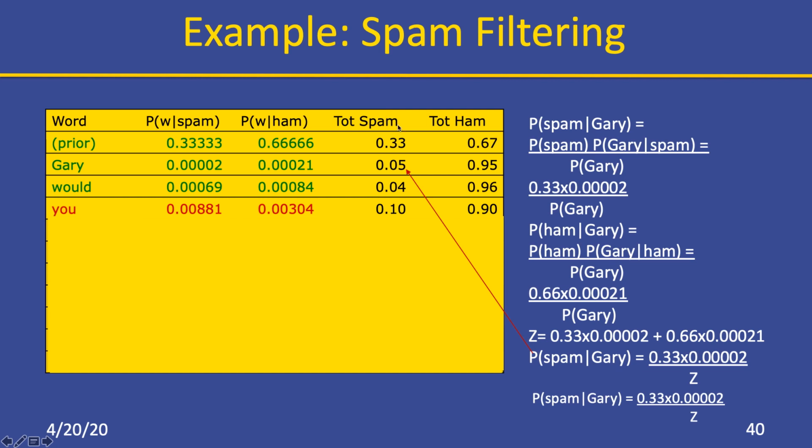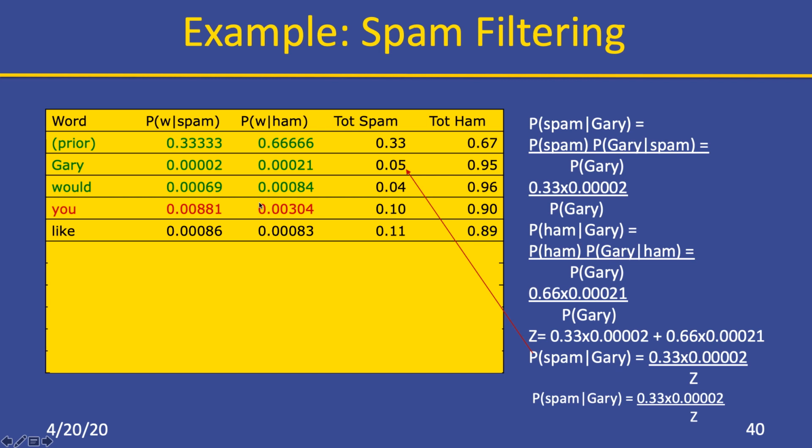The total probability of spam now increases to 0.1 and ham decreases. So here again, it's the ratio that counts. Let's say the next word is like. Like is almost neutral, slightly more likely in spam. So we have a slight boost to spam here.